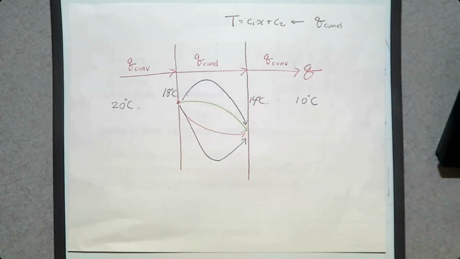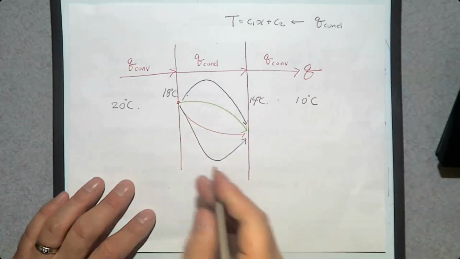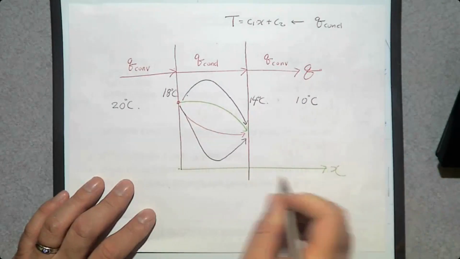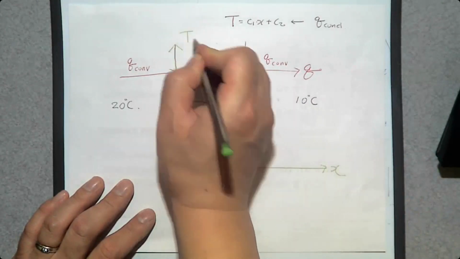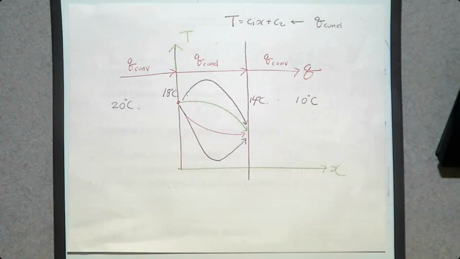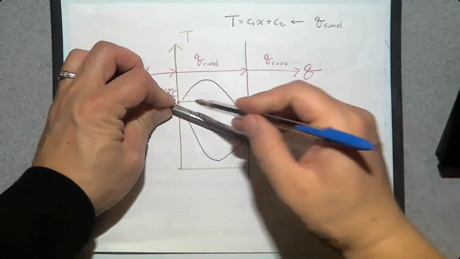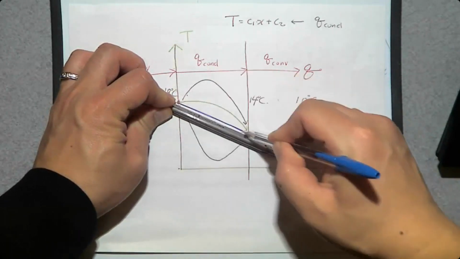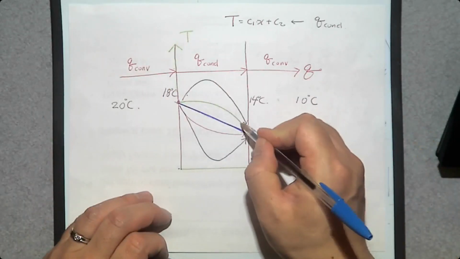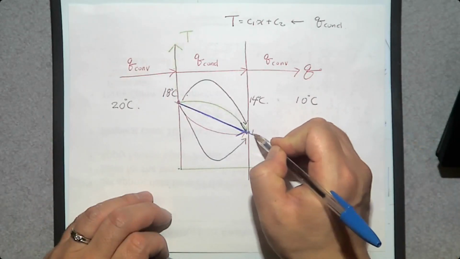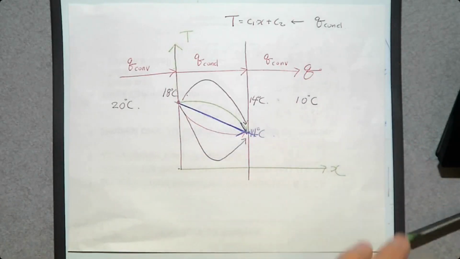This vertical axis. What is x? This horizontal axis. Then what is the relation between this point and this point? Should be a straight line, like this. This is the temperature distribution inside, 14 degrees Celsius.